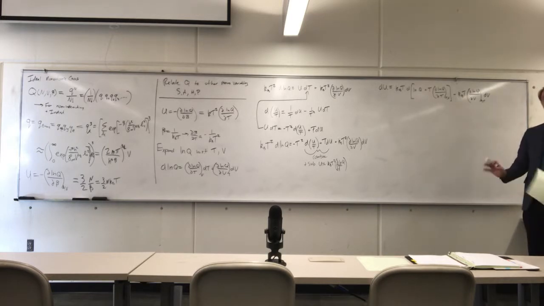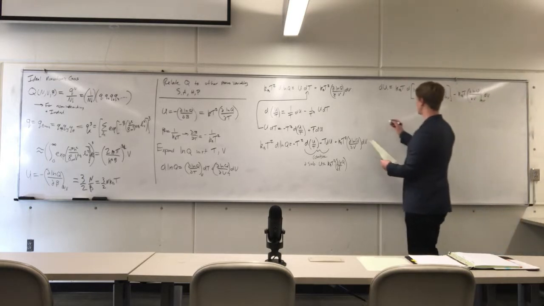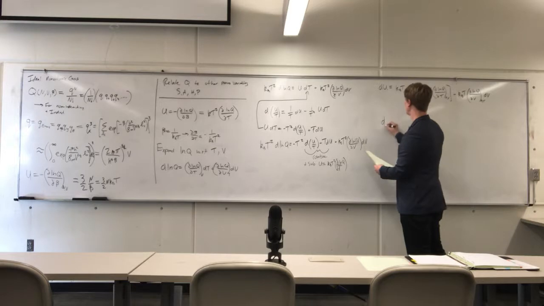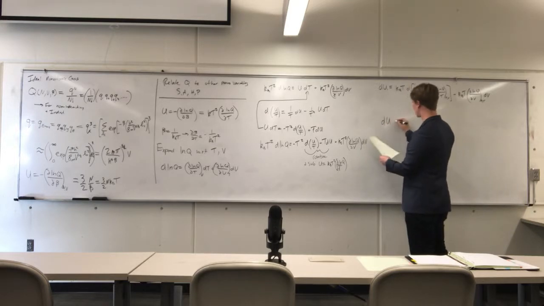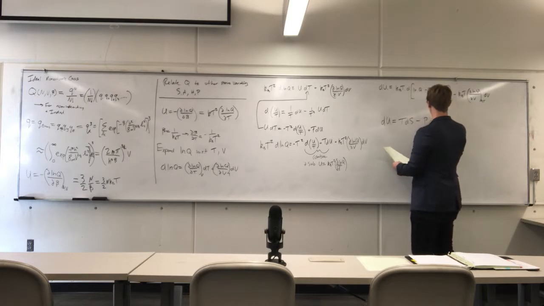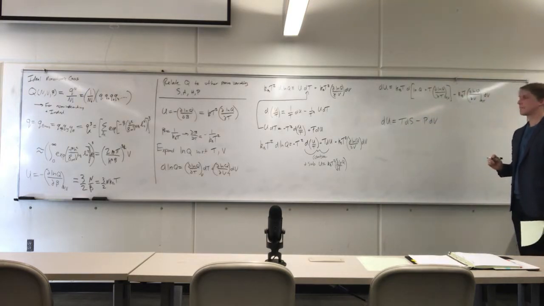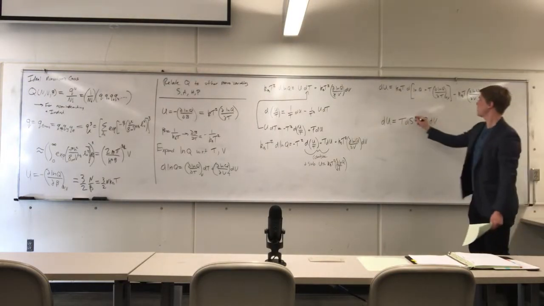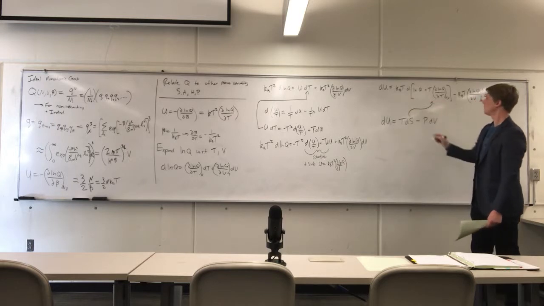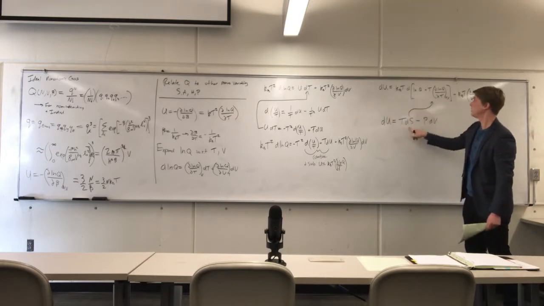Okay, so this may not look like much, but it looks very similar to what we have for the combined first and second law. So we have a T dS.